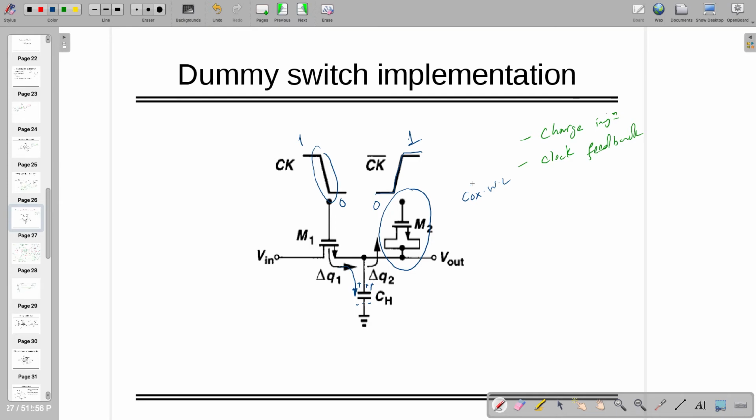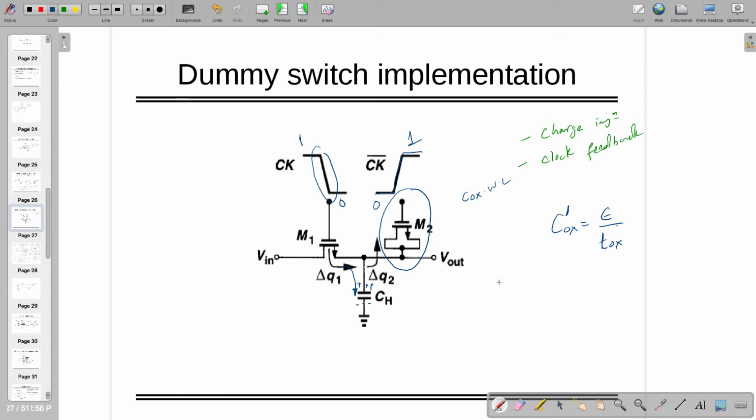In reality, Cox prime is equal to per unit area. Whenever you say prime is equal to per unit area, there might be new terminology for you. So Cox is nothing but epsilon A by D, but generally it is epsilon by D, and D is nothing but the thickness of the oxide.